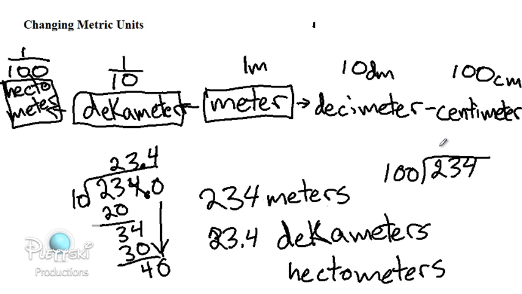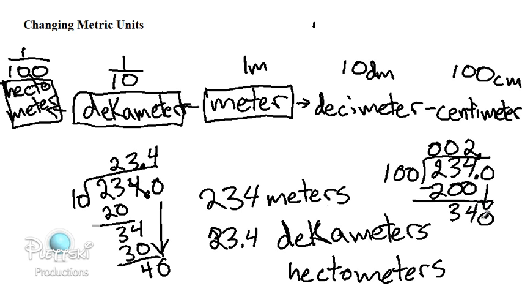Well, 100 doesn't go into 2, it doesn't go into 23, but it does go into 234 2 times, because 2 times 100 is 200. Then you have 234 minus 200, which is just 34. Then you're going to add a decimal and bring it up to the quotient, and add a 0 and bring that down.